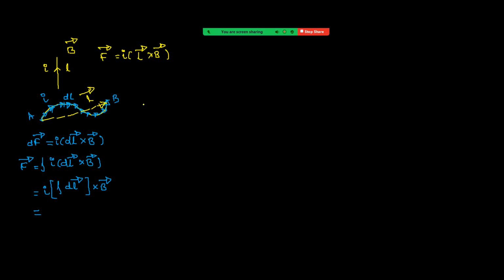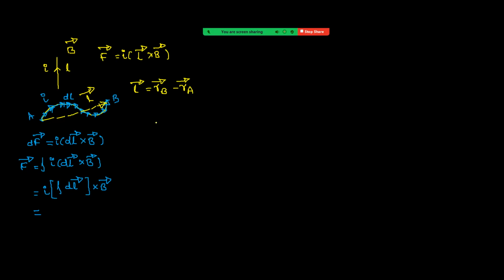L bar is equal to the position vector of B minus the position vector of A. This is giving us L bar. Like this, we can find the force acting on a wire which is not a straight one.